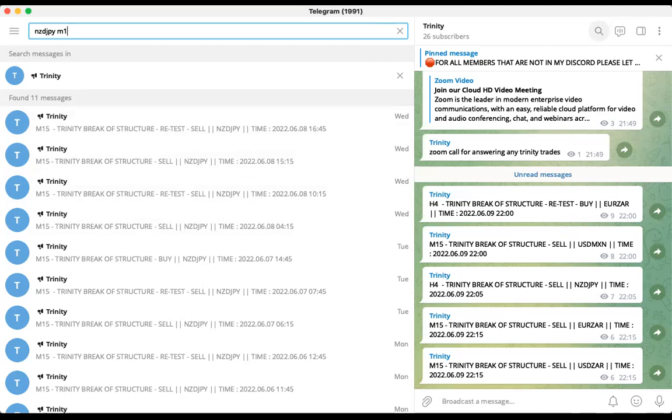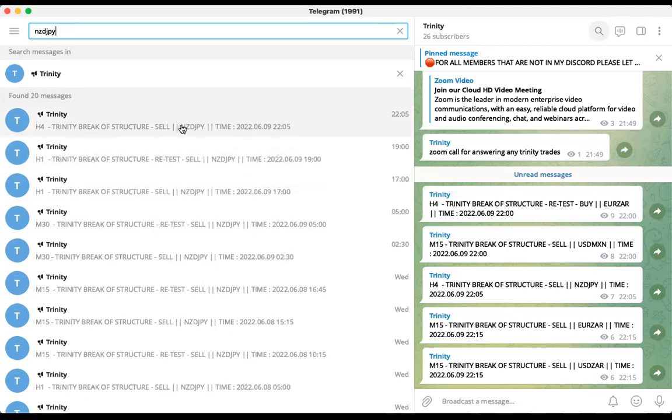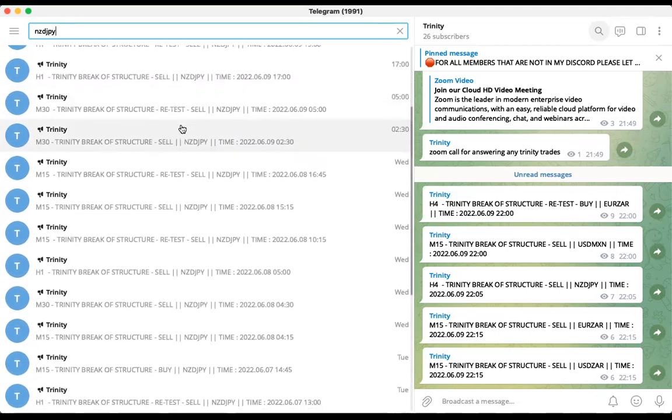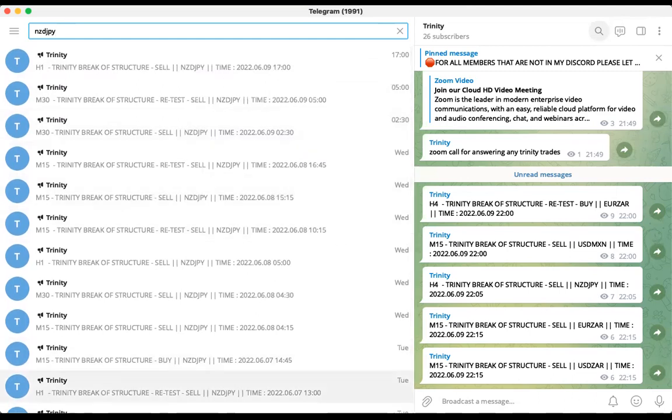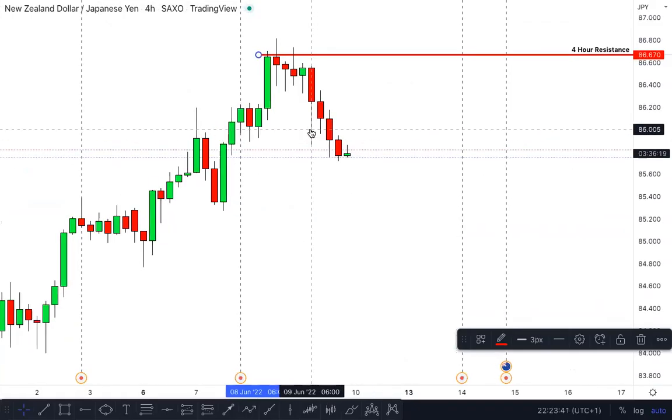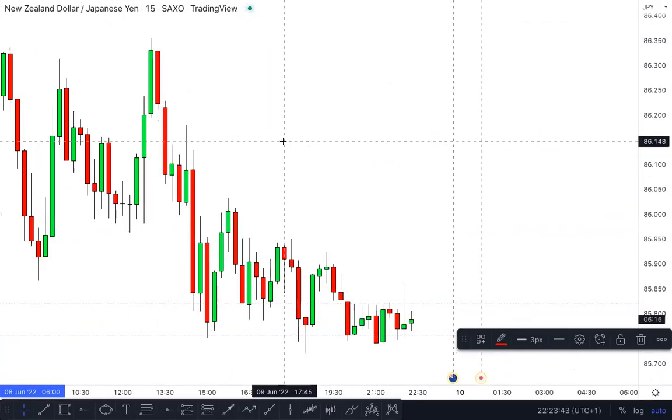I have to make sure. Let's do this first. Let's see the last 15-minute sells. Wednesday, yeah, so 15:15. So that's 3:15, and there was a retest at 6:45 and 3:45. So let's go down to the 15-minute chart.